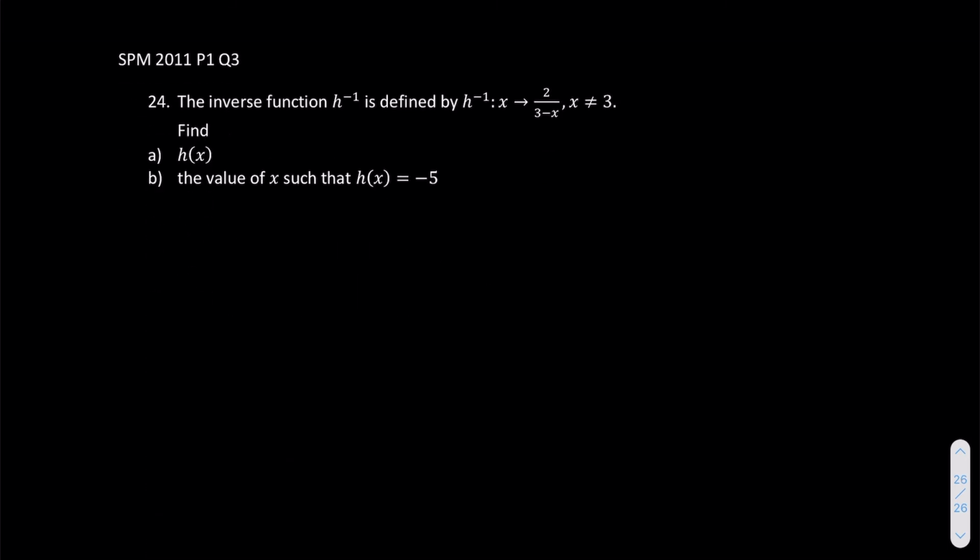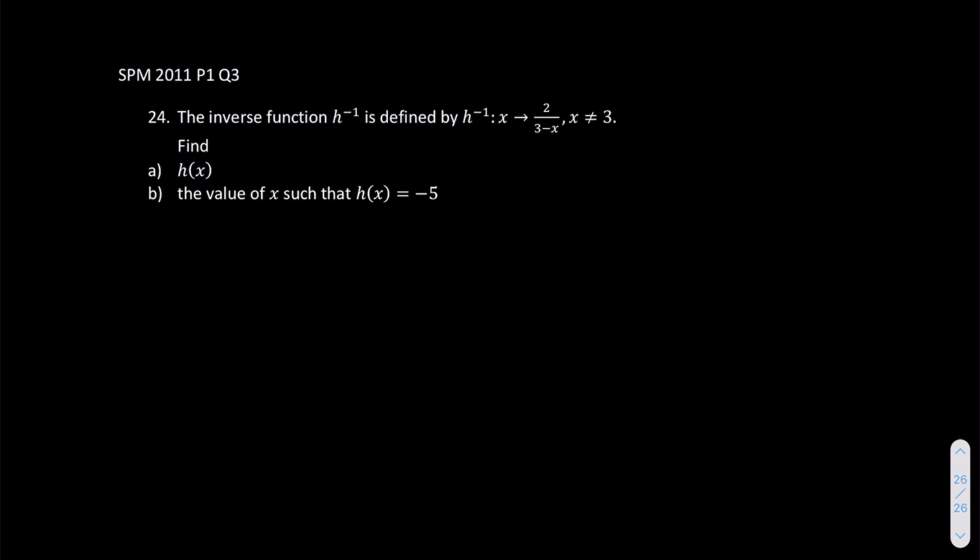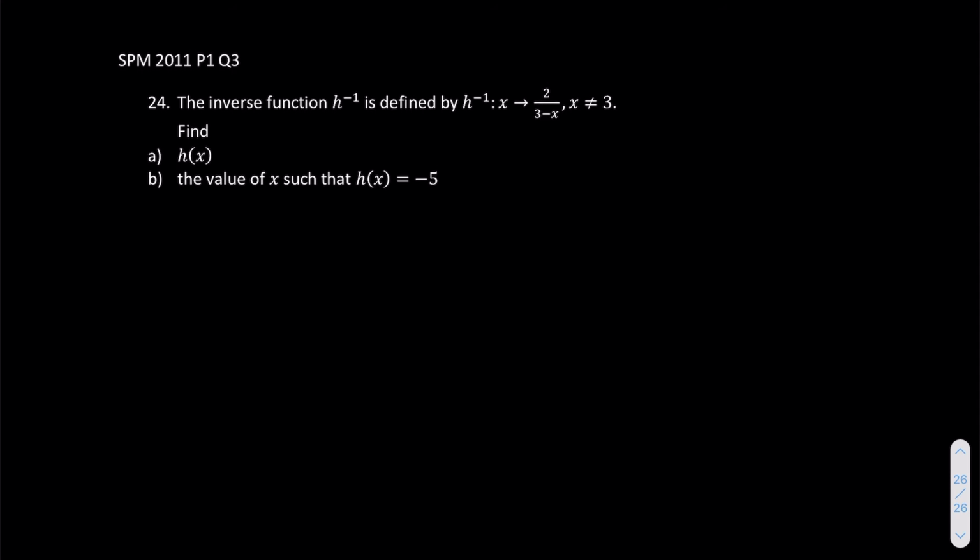Go for question 24, which is the last question of this question paper. So they say the inverse function, hash inverse, is given by 2 over 3 minus x, and x cannot be 3. Find hash x. So how do we do? Just remember, if they give you hash inverse, we just need to inverse again one more time.